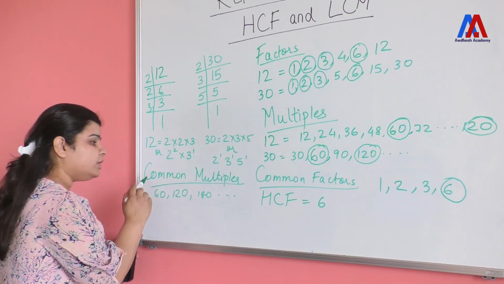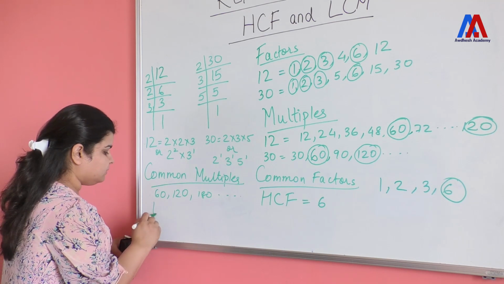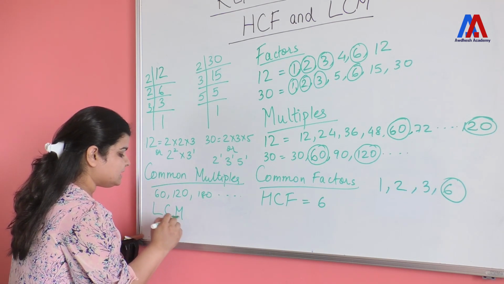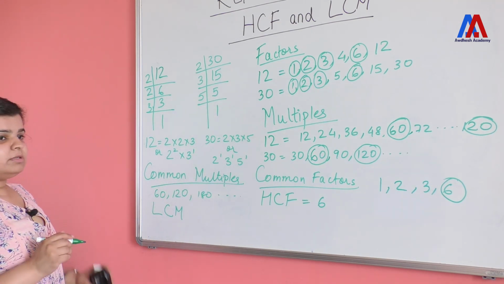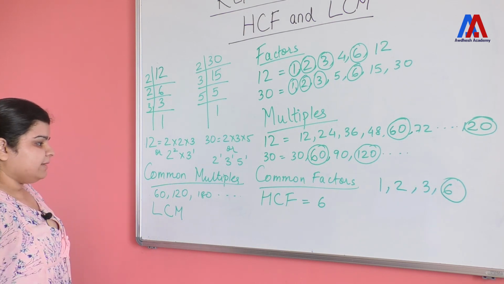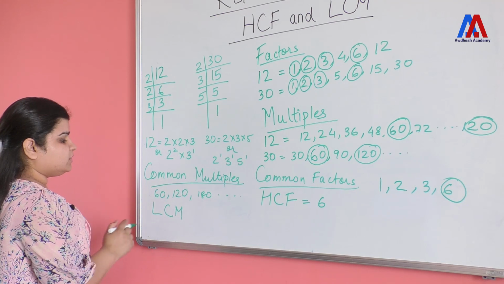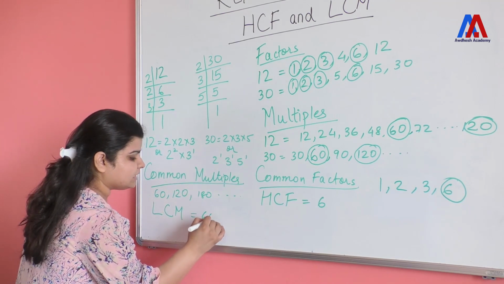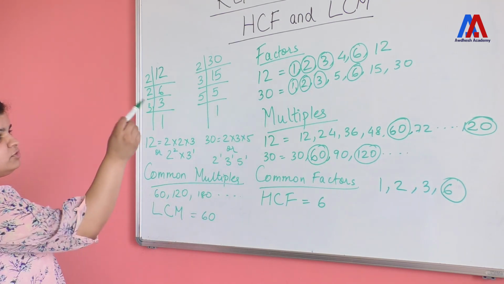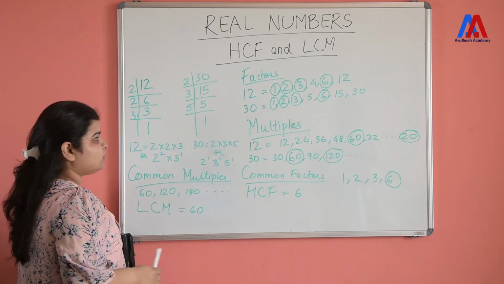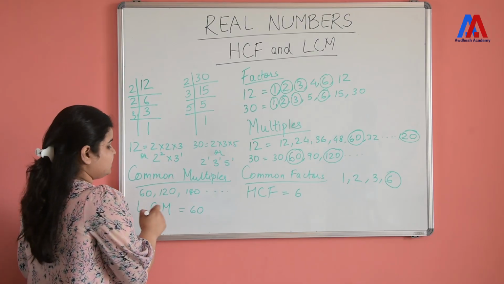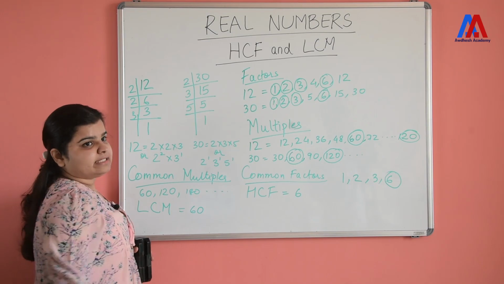The lowest of these common multiples is called the least common multiple or lowest common multiple, simply LCM, which would be 60. So the LCM of 12 and 30 is 60. This is the concept of LCM and HCF.